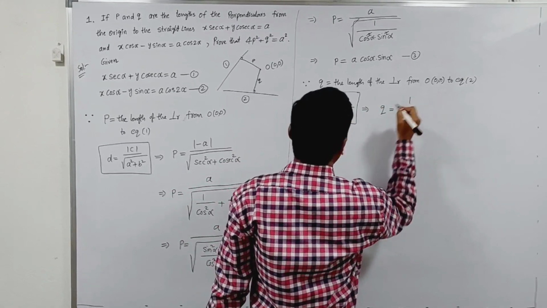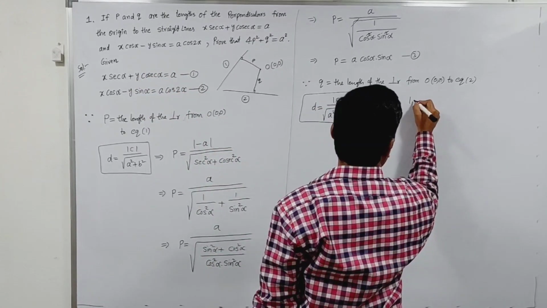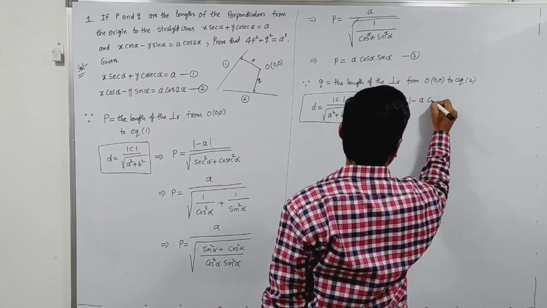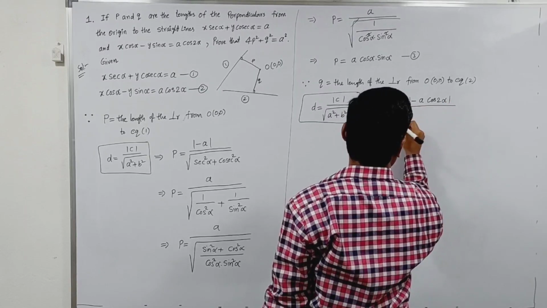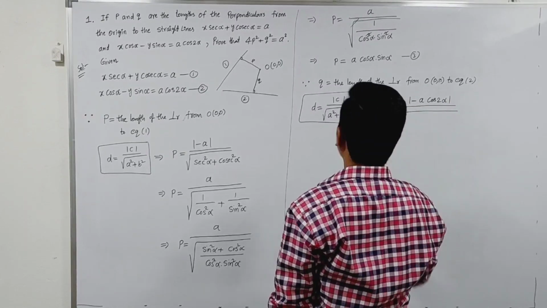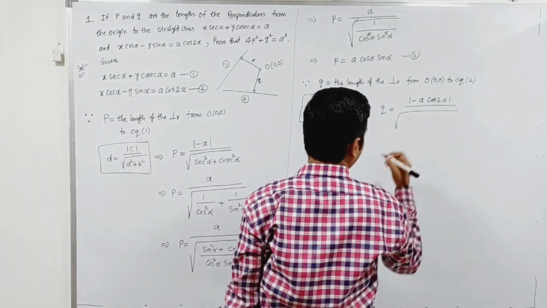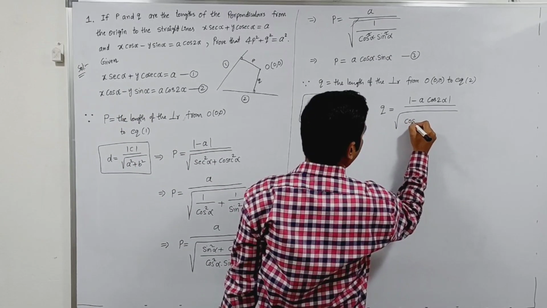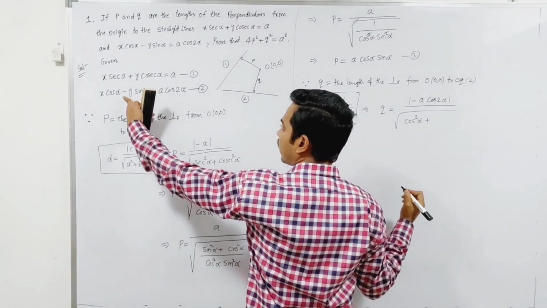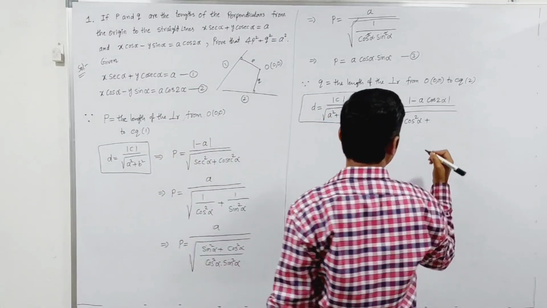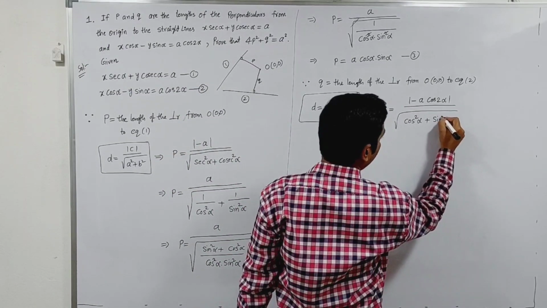In the second equation, what is the constant term? Taking it to the left side, minus a cos 2 alpha is the constant term, by under root of a square, where a is the x coefficient, cos alpha, so cos square alpha, plus b square. Here b is the y coefficient, minus sin alpha, so b square is sin square alpha.